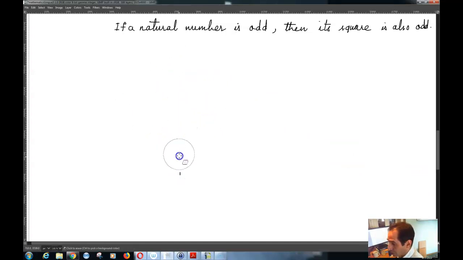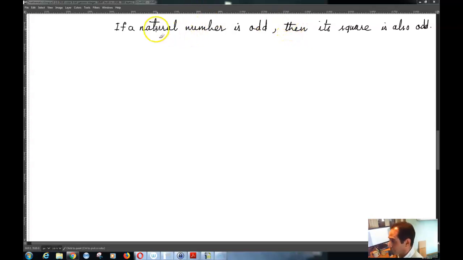Now the sentence that we have is, if a natural number is odd, then its square is also odd. Now you want to rewrite this statement with if-then in 5 different ways conveying the same meaning.